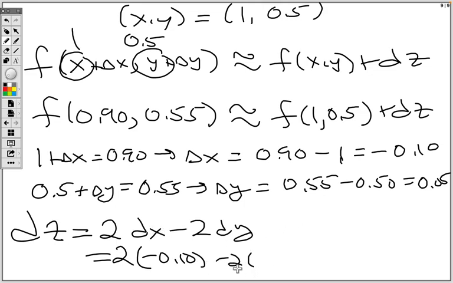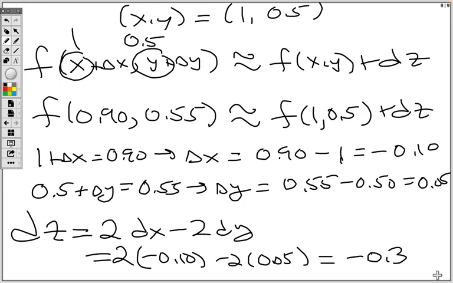So that minus 2 is the change in z with respect to y, and I'm multiplying it now by the change of y. So I go through the arithmetic here. What do I get? I got a negative 0.2 minus a 0.1. So a negative 0.3. And so this represents the approximate change in the function values, the approximate change in the z values.